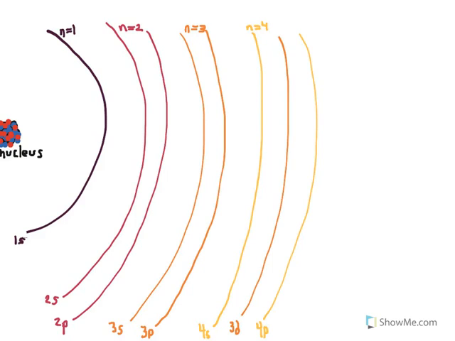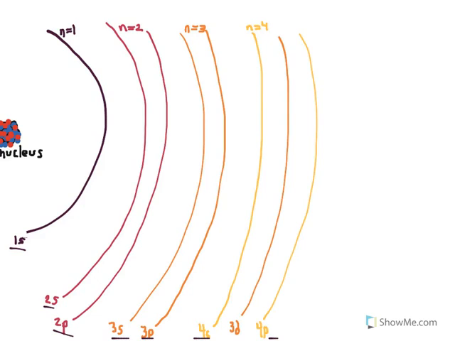Now, if we try to make this look kind of Bohr model-ish, it might look something like this. Notice that each of these parts of an orbit around the nucleus represents individual sublevels. So down here we've got the 1s, 2s, 2p, 3s, 3p, 4s, 3d, 4p, and so on.